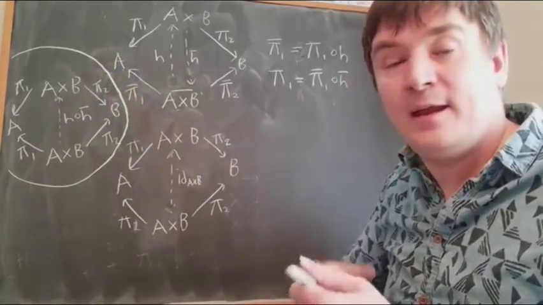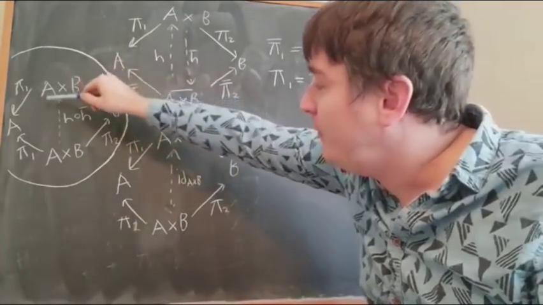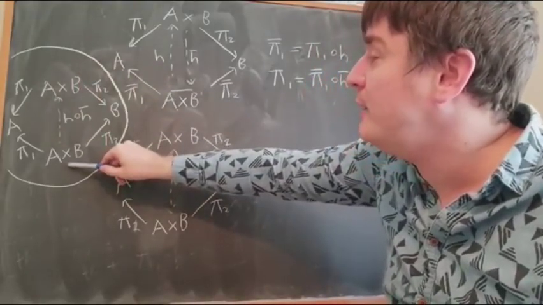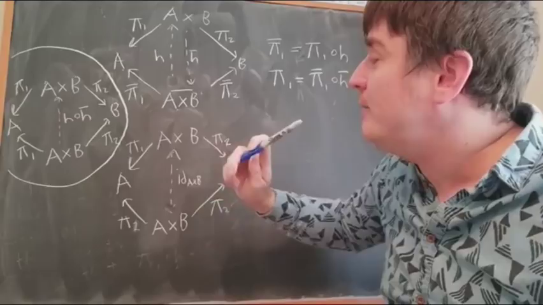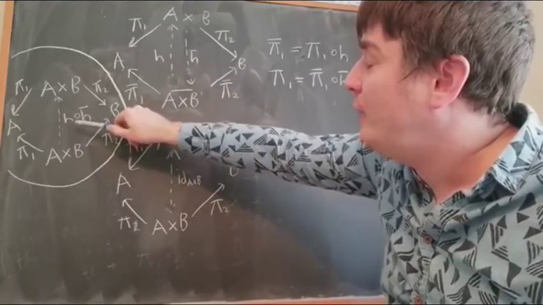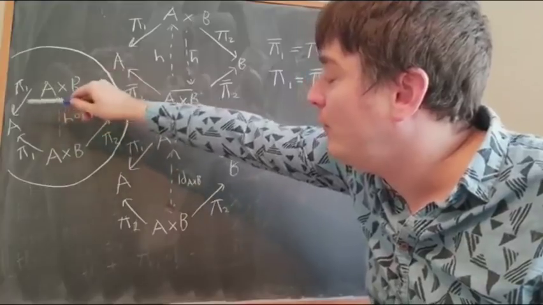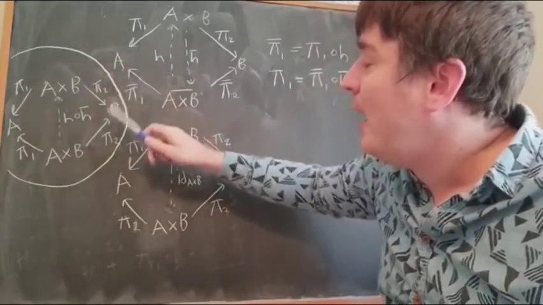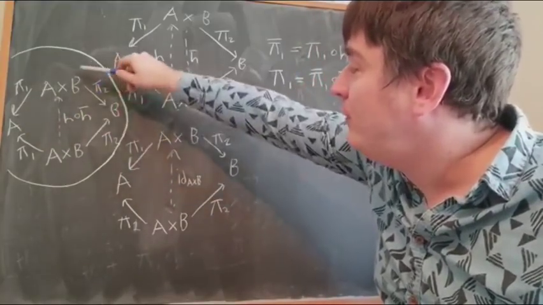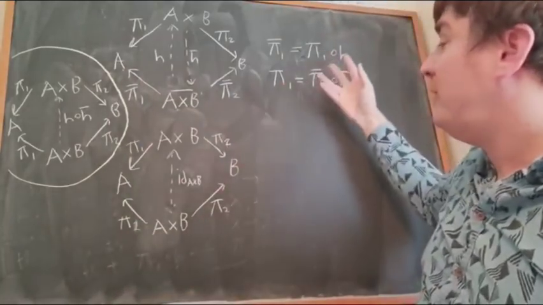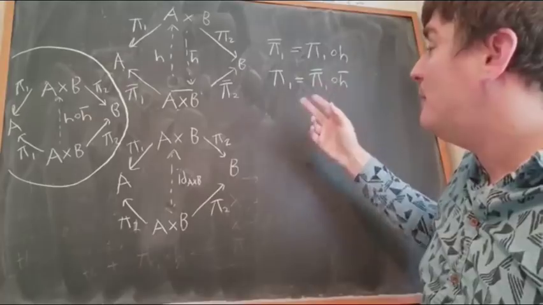So what I'm saying is that if we think of this as our product, and we think of this as a product candidate, then this arrow has the property that if we compose it with pi 1, we get pi 1. And if we compose it with pi 2, we get pi 2. And we can see this from the algebra.